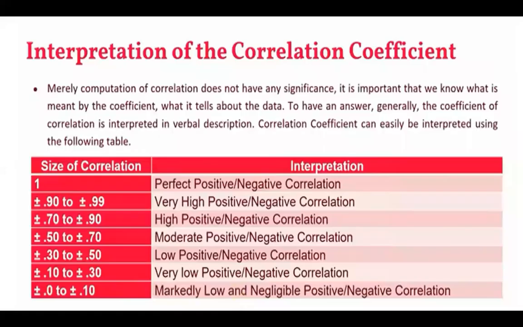Now, this is a very nice table to show the interpretation of the correlation coefficient. You have to keep this beside you when you start to interpret the data of your correlation. You have to look at this one.